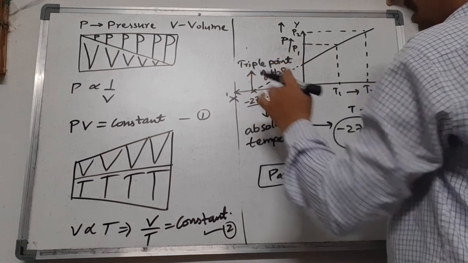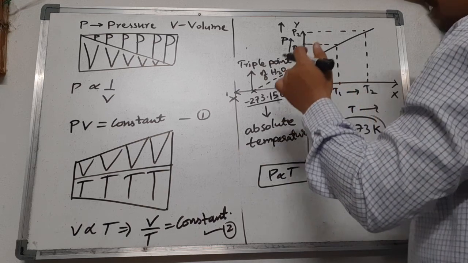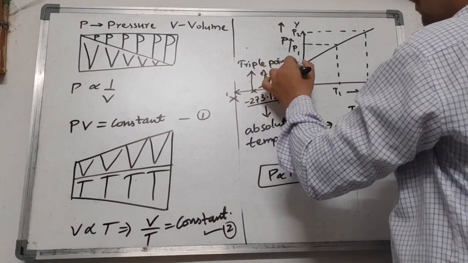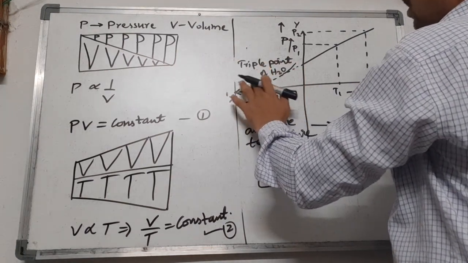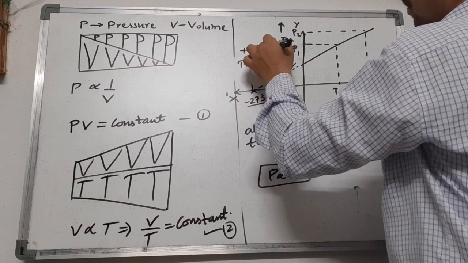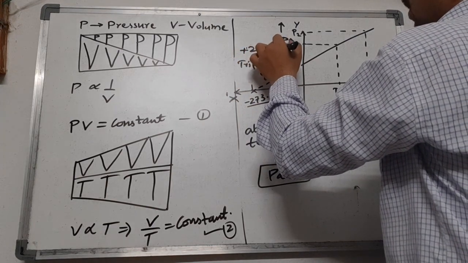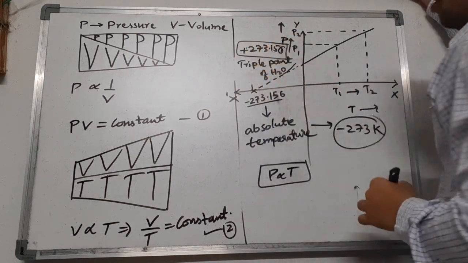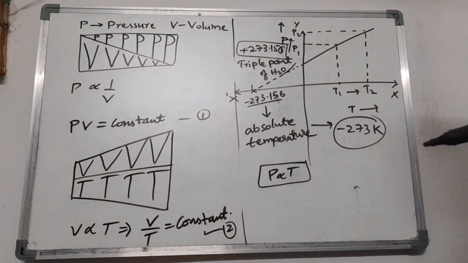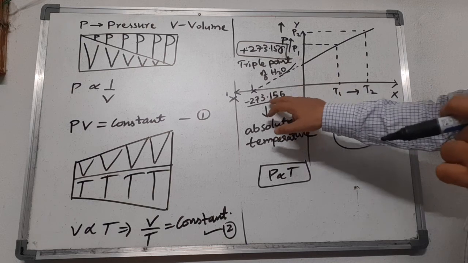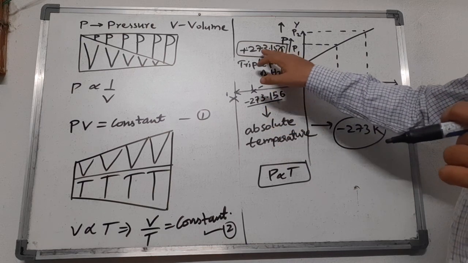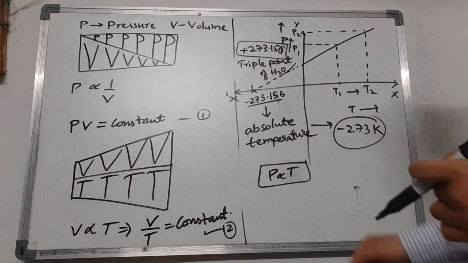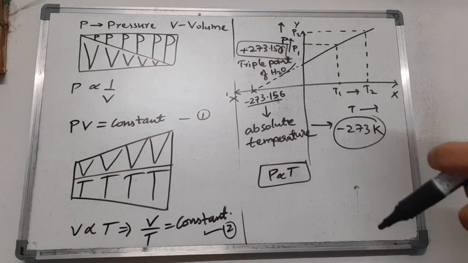The triple point of water is not minus 273, it is plus 273.15 or 273.16. In some books it is given as 273.16 and in some as 273.15, so nothing to worry about. It is nearly 273.15 or 16.